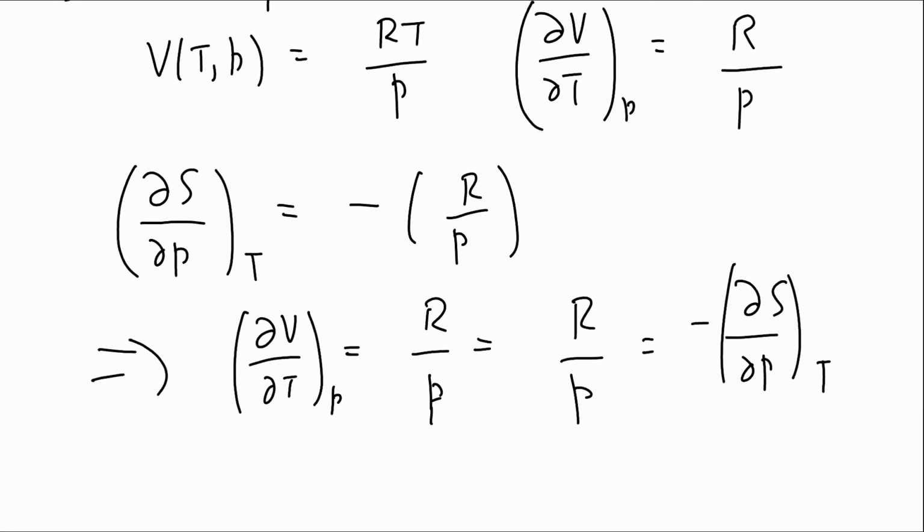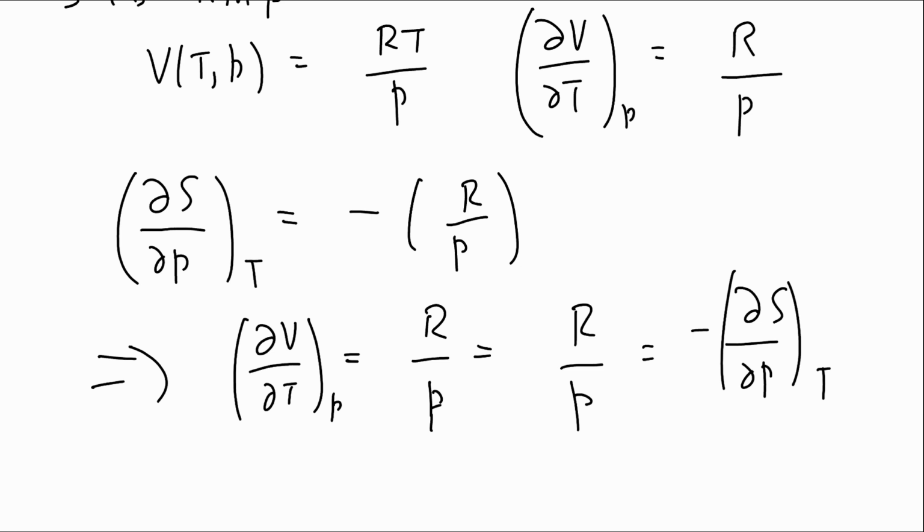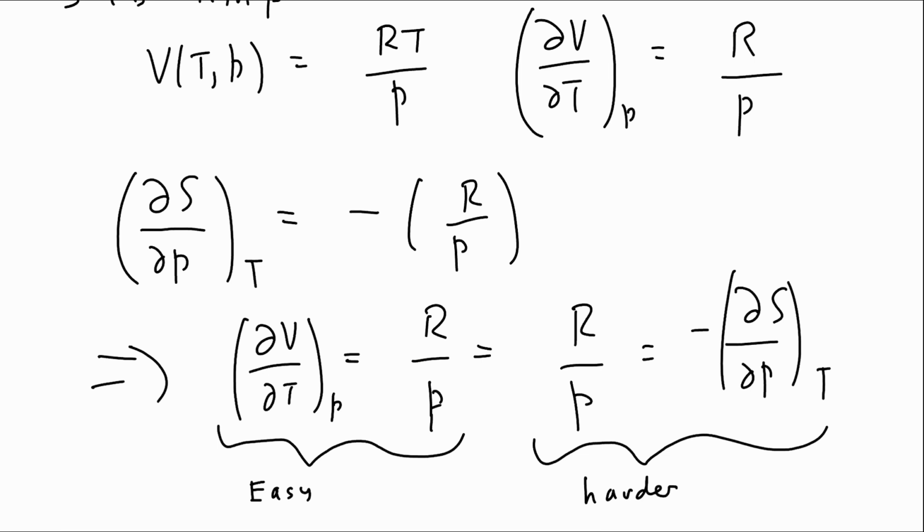And I hope you agree that this part was easy, and this part was harder. So these relationships give you alternative pathways to get things that you want.